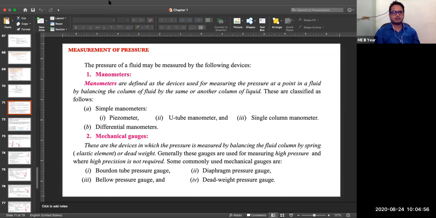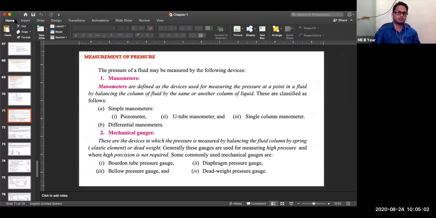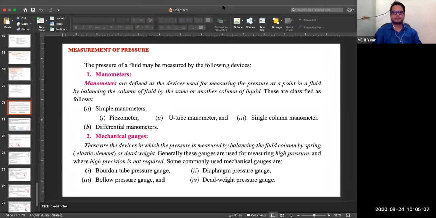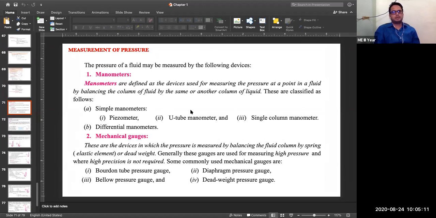Then we will start this measurement of pressure, new topic for today. P equals rho g h. In place of h, you can write z also.